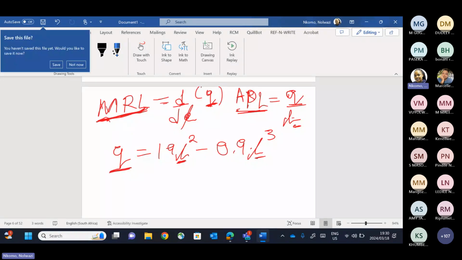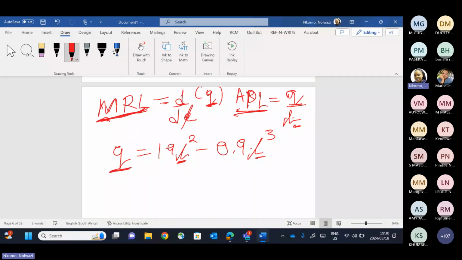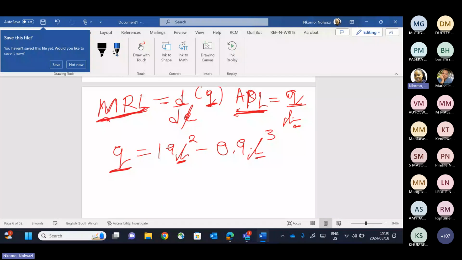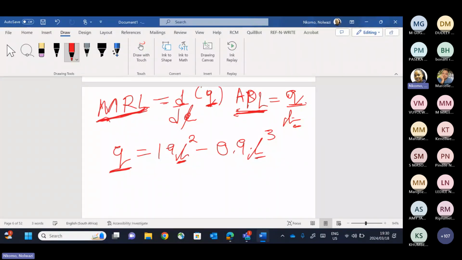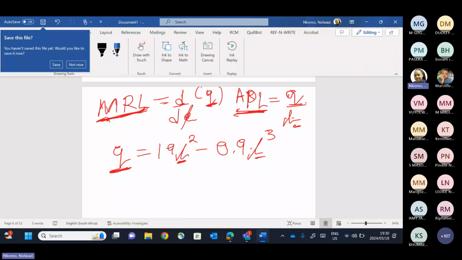And again, we can find the average production of labor by dividing the labor function by the units produced, or the number of workers, since L represents the number of workers in this case.